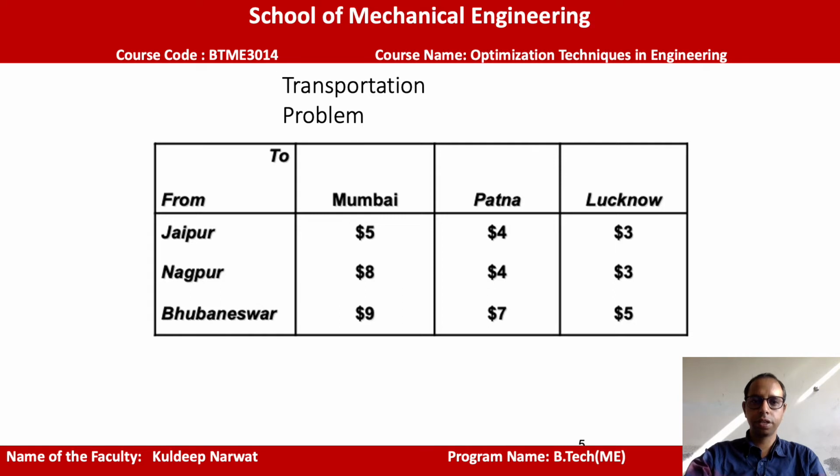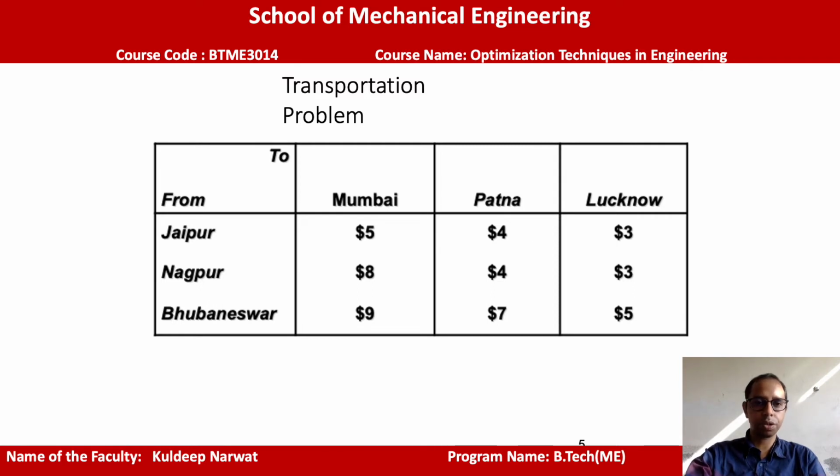So here we see a transportation problem. We have 3 different origins: Jaipur, Nagpur, and Bhubaneswar, and we have a product that is available to us at these 3 locations. We want to transport that product to 3 different locations: Mumbai, Patna, and Lucknow. These values of cost give us the per unit cost for transportation.